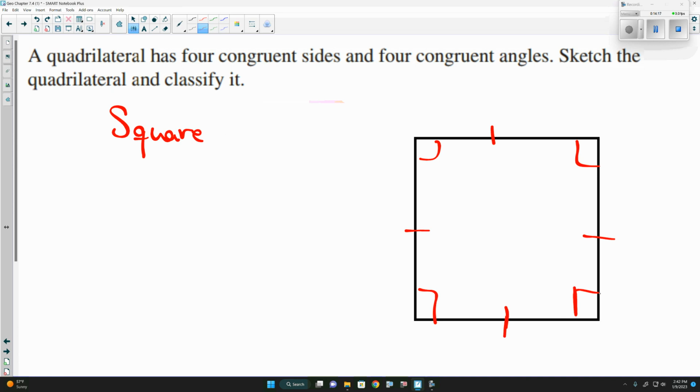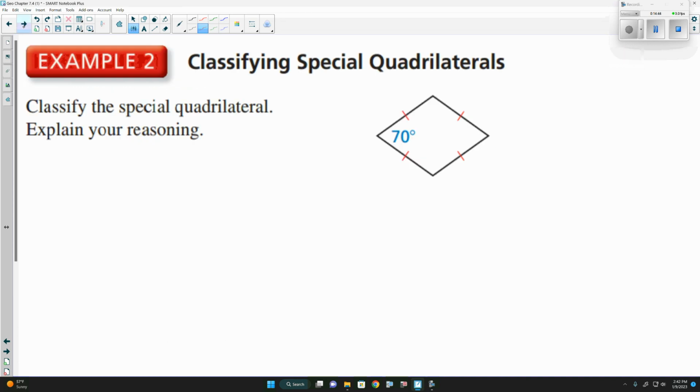Because in a four-sided figure the sum of the angles is 360, and if all four angles are the same, they'd have to be 90. The only two four-sided figures that have right angles are a square and a rectangle. Then if all four sides are congruent, it'd have to be a square. Questions on this here? Classify the special quadrilateral. So, rhombus.